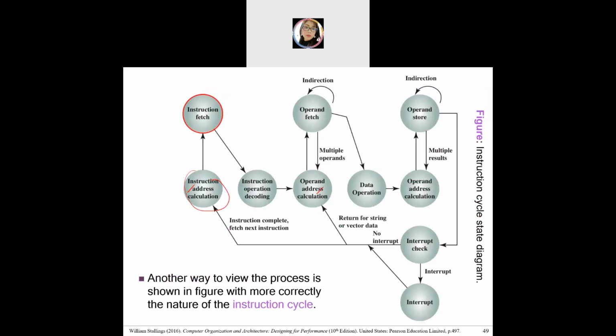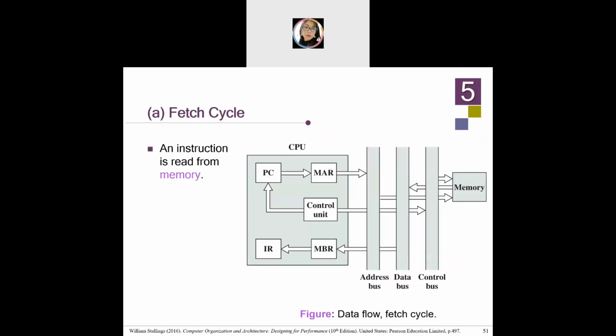So let's see what and how it's going to do under our fetch cycle. An instruction is read from your memory. Just now you remember the fetch cycle is going to fetch the instruction, and you're going to read it from memory. This picture shows the data flow when you are doing the fetch cycle.